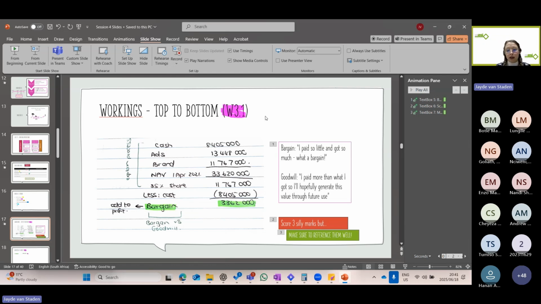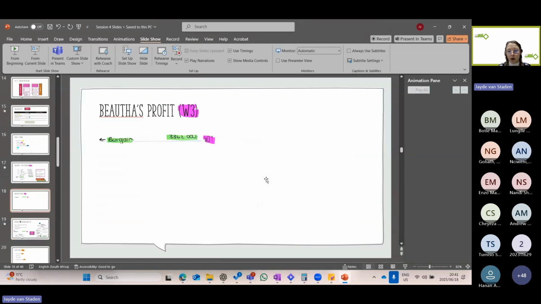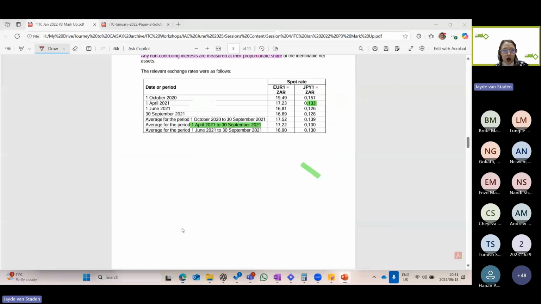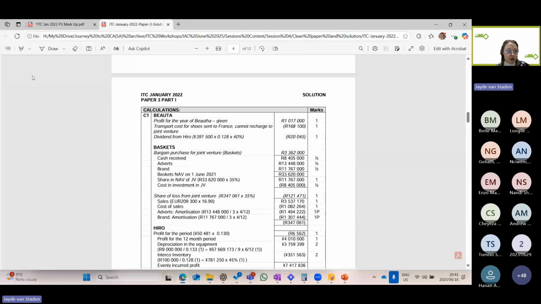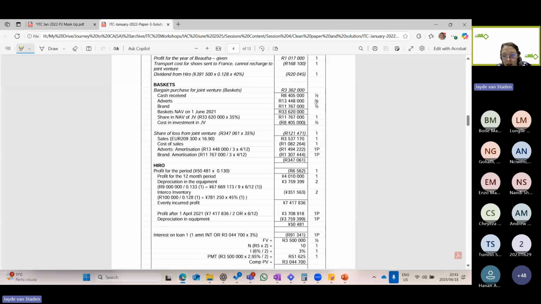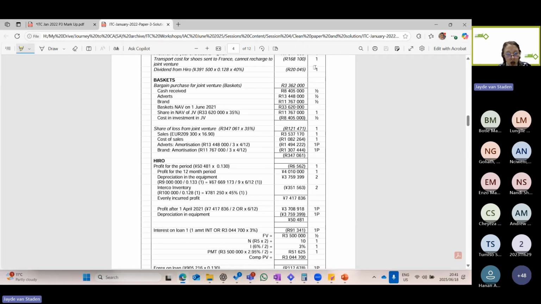This got you 3 silly little marks looking at a gain on bargain purchase. Looking at both as profit, and you said you wanted to see easy marks, so let's look at easy marks. So easy, there's 3 marks. 1, 2, 3, so now we're sitting on 6 easy marks.